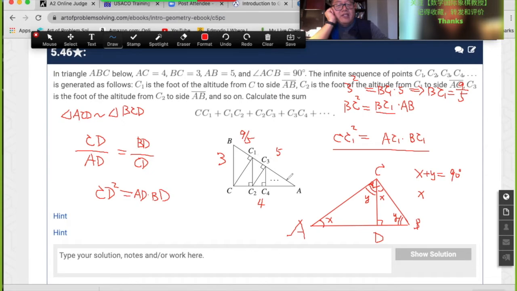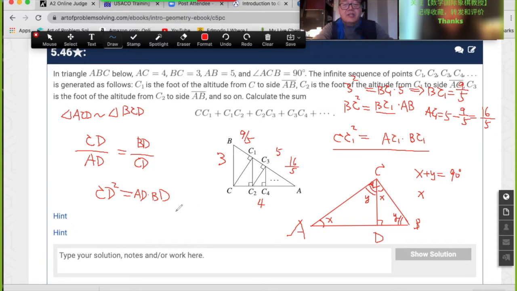Then AC1 will equal 5 minus 9 over 5, so AC1 equals 16 over 5.